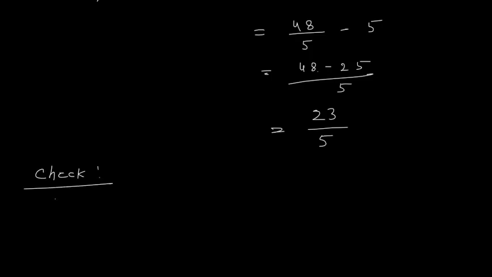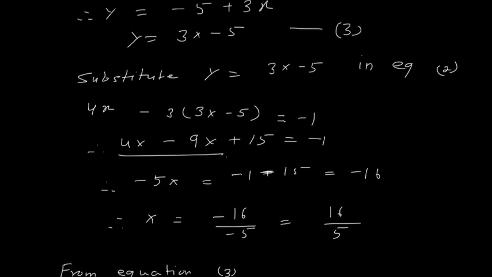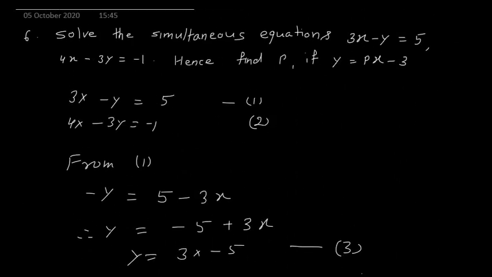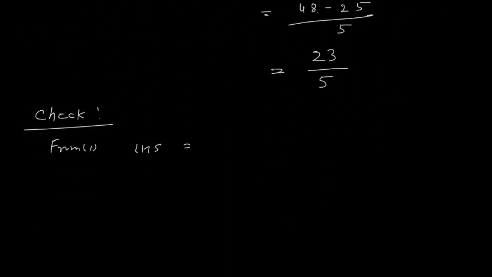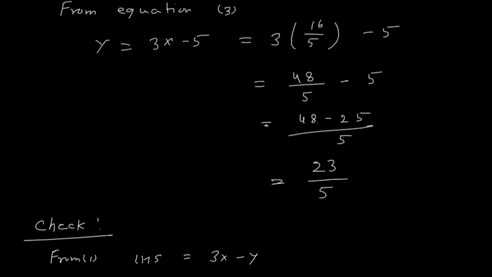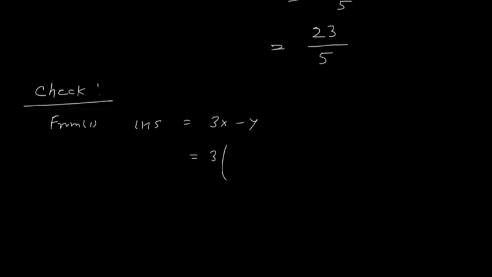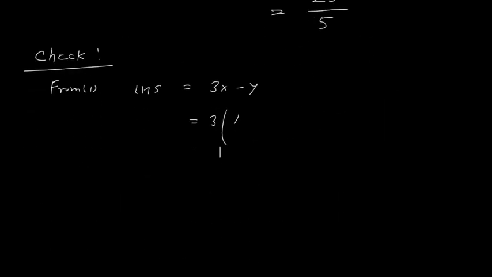So from equation 1, our left hand side is 3x minus y. So left hand side is 3x minus y is equal to 3 into the value of x, which is 16 upon 5, minus y, which is 23 upon 5.